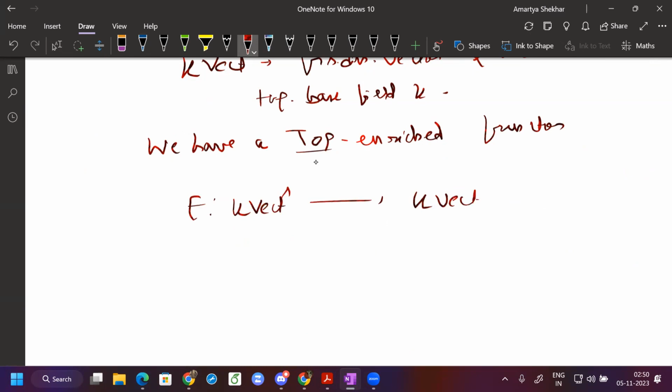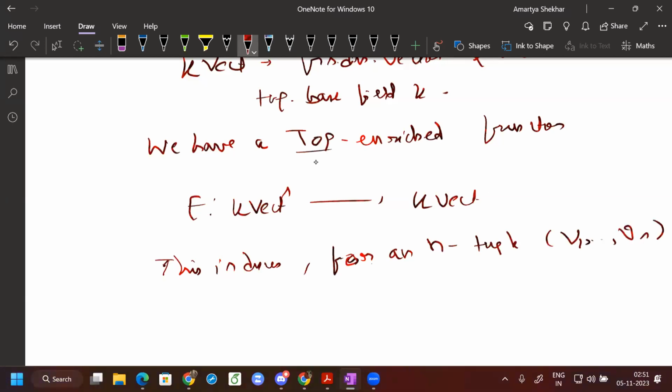This induces, for an n-tuple of vector bundles over the same base space, another vector bundle.